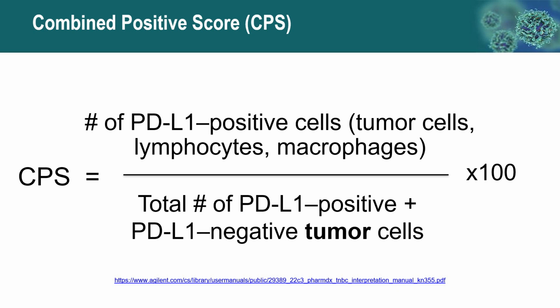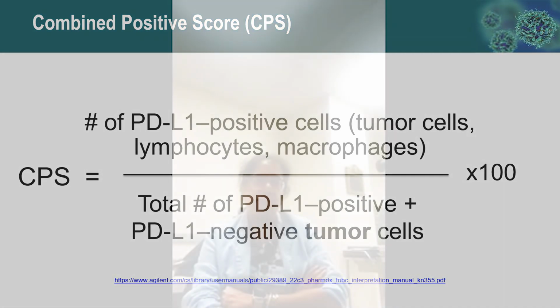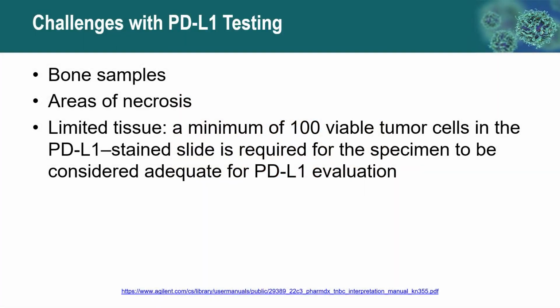Dr. Shivakula, what have been some of the challenges with scoring using CPS? The challenges have been in the metastatic setting, where you do have bony samples, which sometimes can play a role in the scoring of the PD-L1. In the adjuvant setting, large tumor necrosis is something that is very challenging as well.